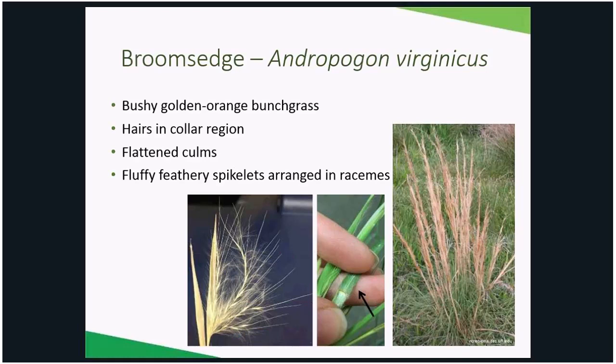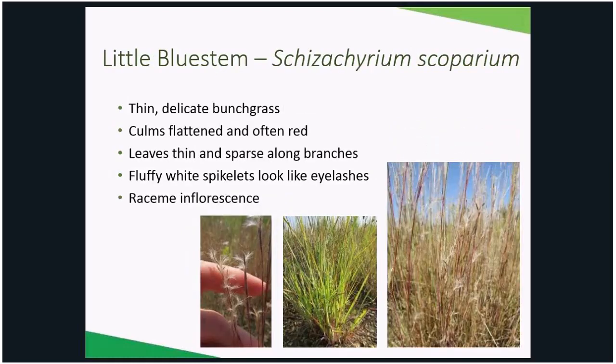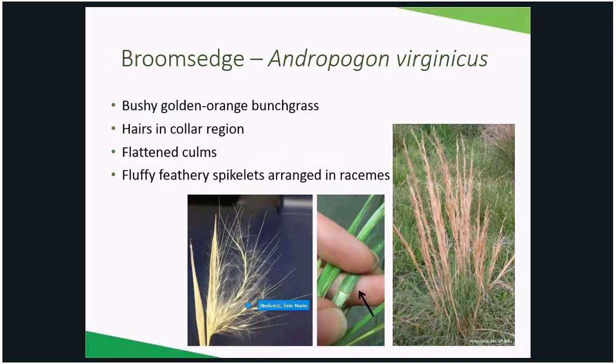So again, to go backwards just quickly for a comparison, we see these small white spikelets, and then in broom sedge these much larger, creamier, denser, hairy spikelets.